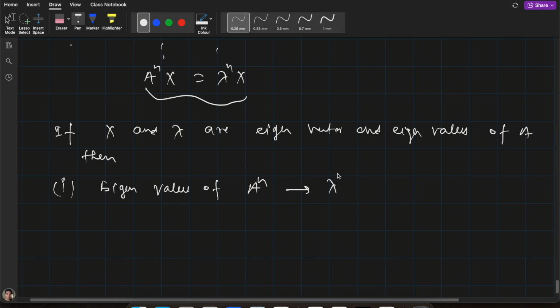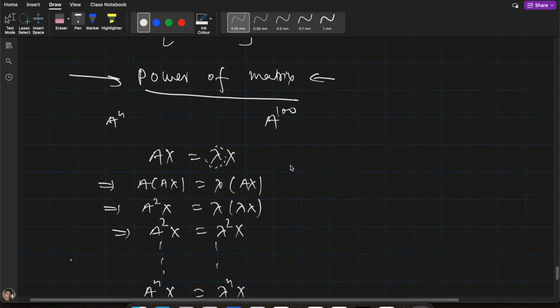If the eigenvalue of matrix A is lambda, then the eigenvalue of A raised to the power n is lambda raised to the power n. Similarly, what is the eigenvector of A raised to the power n? It will be x only.